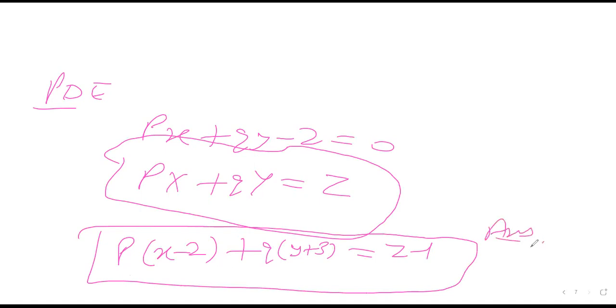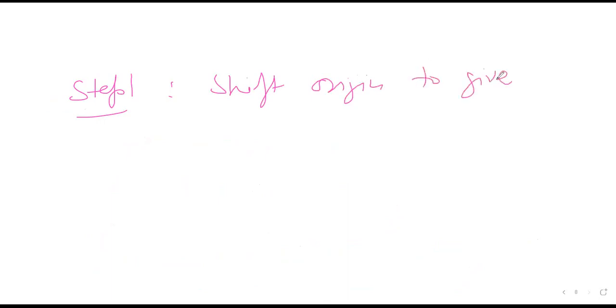What I actually did is I used what I knew: I knew how to find the partial differential equation for a cone with vertex at origin, and I used that knowledge. I tweaked it a little and found the solution of the given problem. So what were the main steps? Step 1, shift origin to the given point.